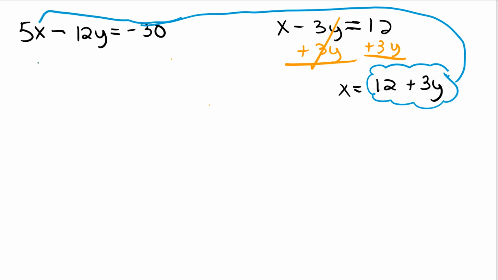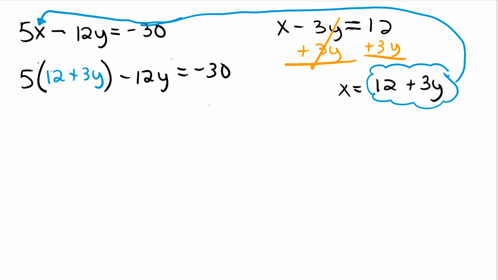Plug it in where the x is, so that instead of 5 times x, I'm going to have 5 times a 12 plus 3y. And then what I have here is an equation with nothing but y's in it. I'm going to solve it for y.